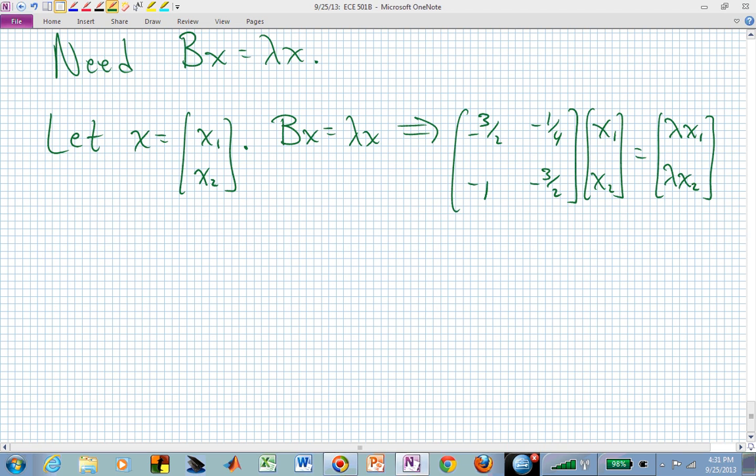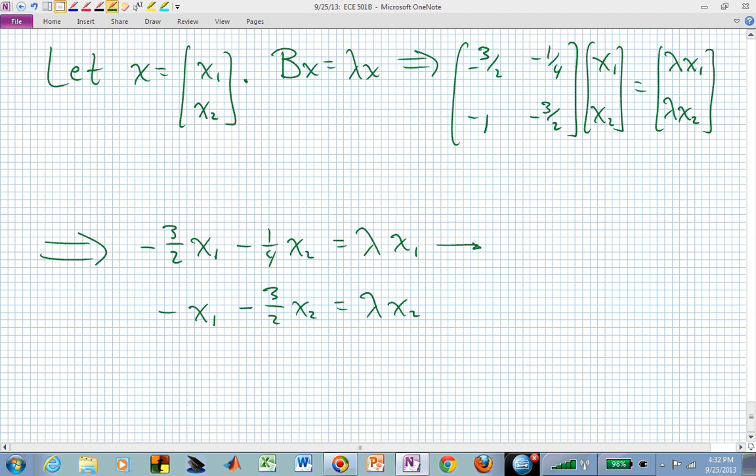We're trying to see, do real lambdas exist that allow this equation to be true? If we look at the first row, we can multiply that out and we have -3/2 x1 - 1/4 x2 = lambda x1. The second row says that we have -x1 - 3/2 x2 = lambda x2.